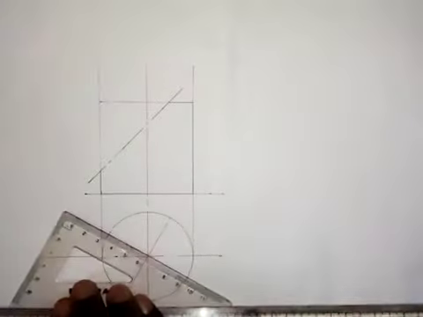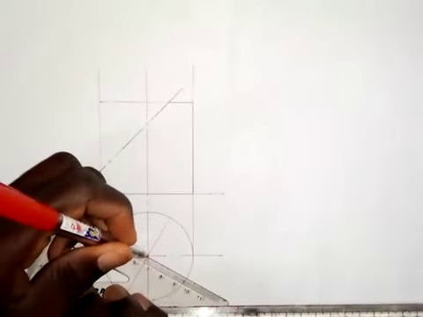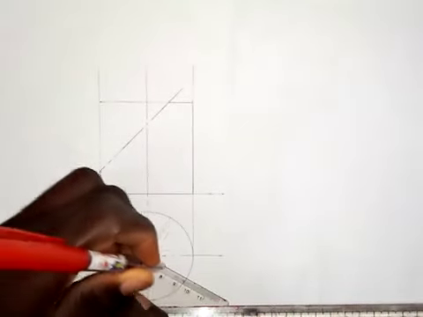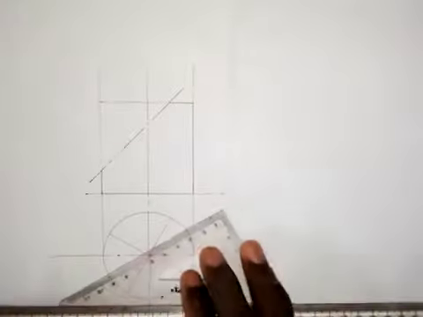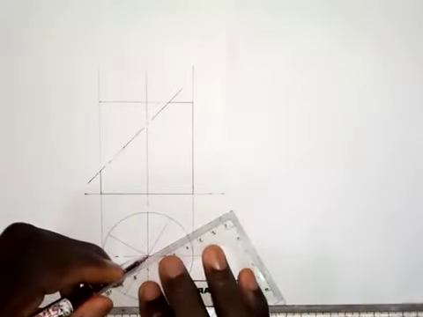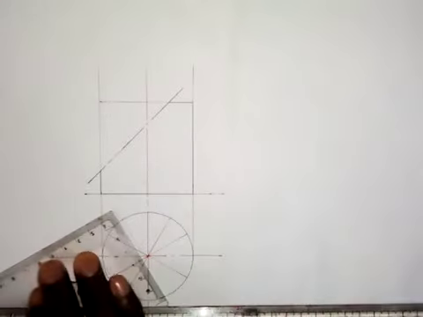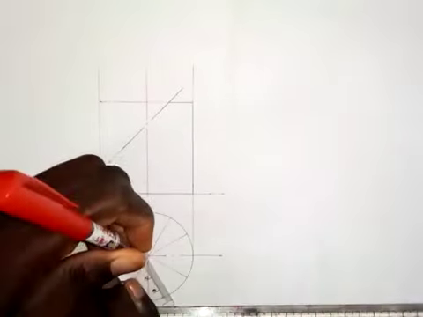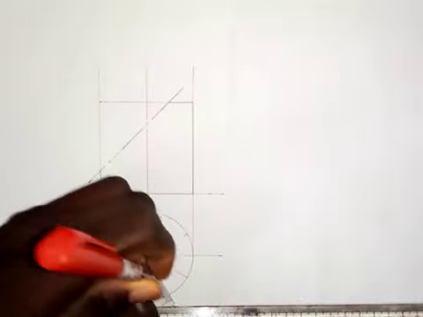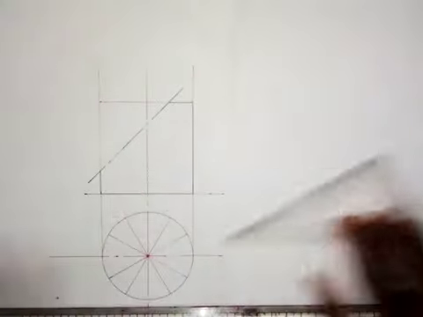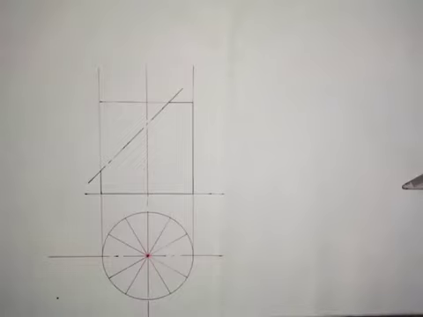I'm making use of my set square to do that. Alright, the circle has been divided into 12 equal parts.